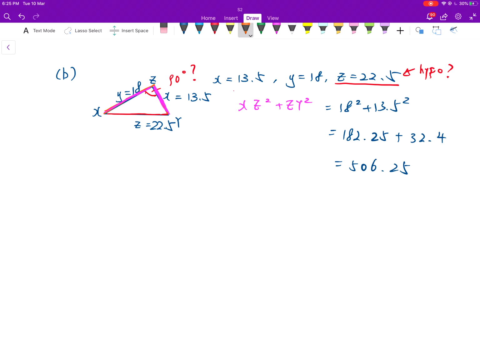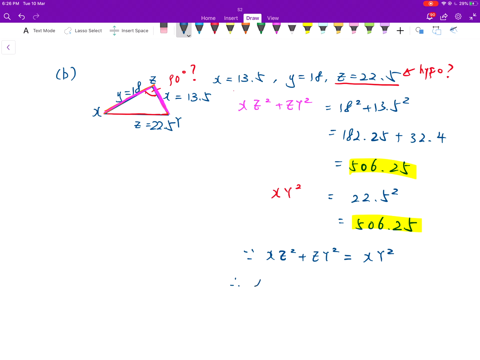And we check the value of xy also, which equals 22.5 squared, which is this number. So you can see that these two numbers are the same. They are equal, so we can say since xz squared plus zy squared equals xy squared, triangle XYZ is a right angle triangle.